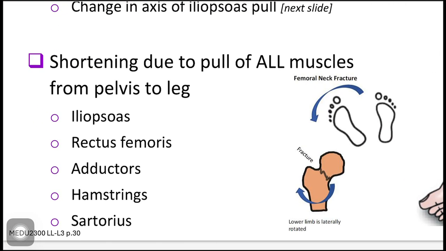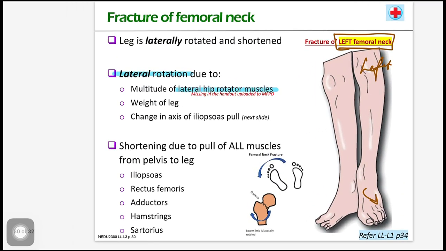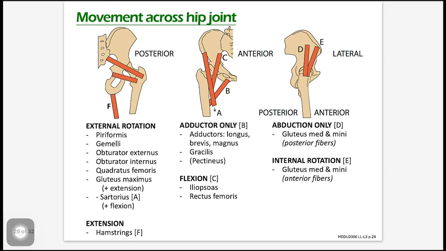Remember, we have a bunch of muscles attached to the femur, and also some of them are attached to the leg. Because of this, the shortening would be due to the pull of all these muscles from the pelvis to the leg. Now, take a look. Say, for example, the muscle B group here, the adductor group.